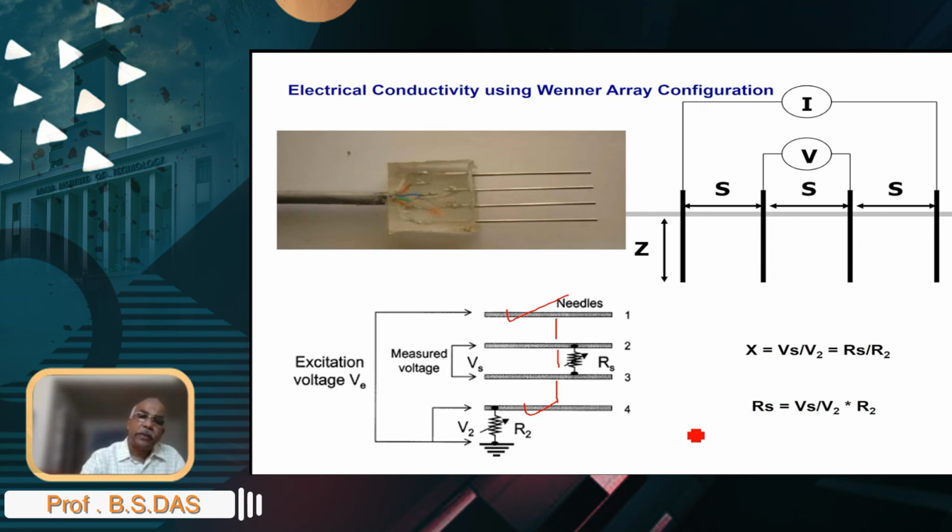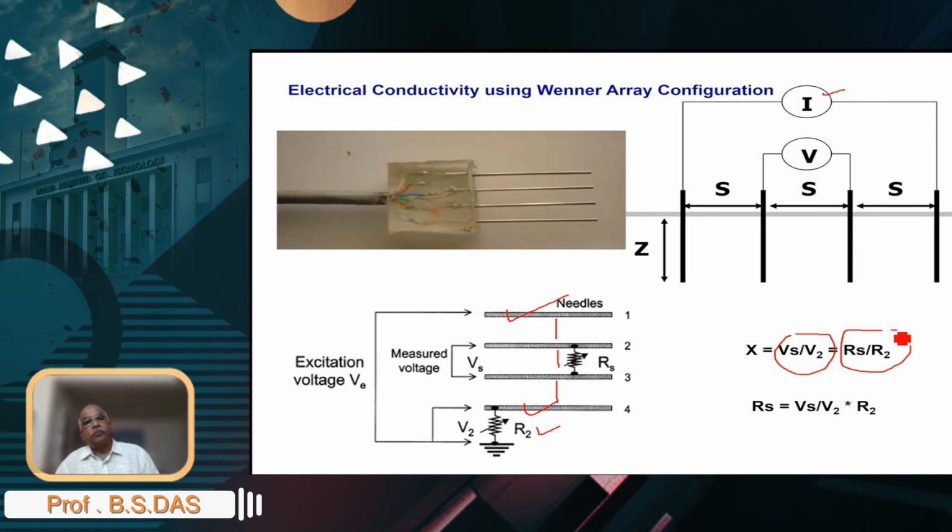And so again, a sort of bridge measurement can be designed, where you have a known resistor R2, and if you have a constant current source, you should be able to get the ratio of the two voltages as equal to the ratio of the two resistors from Ohm's law.